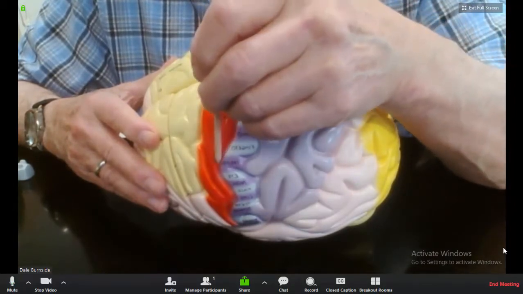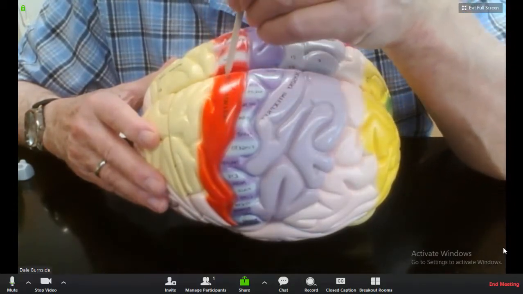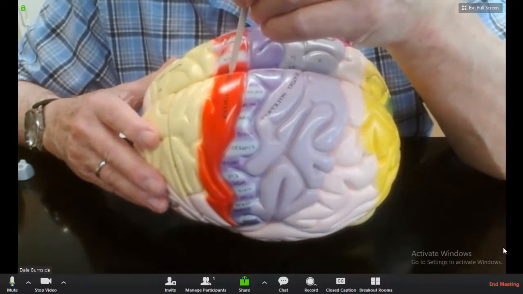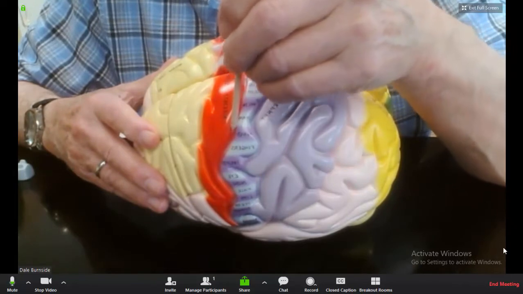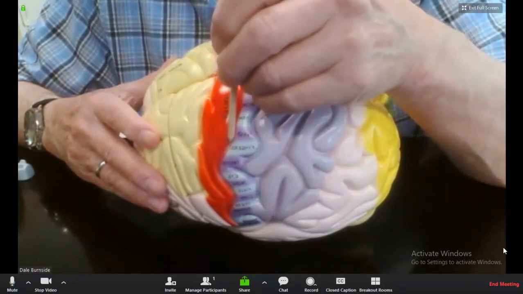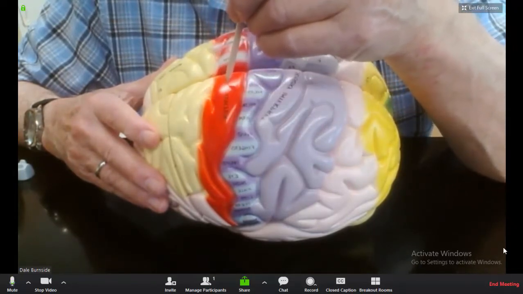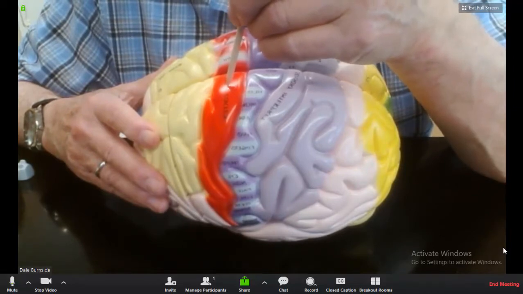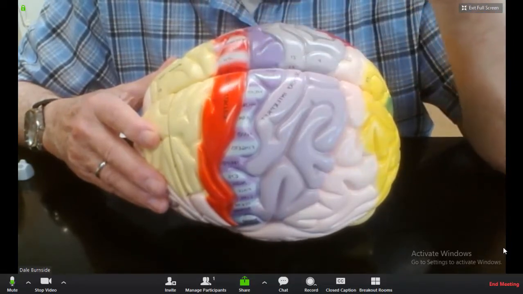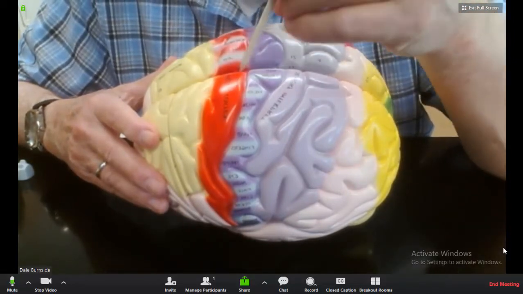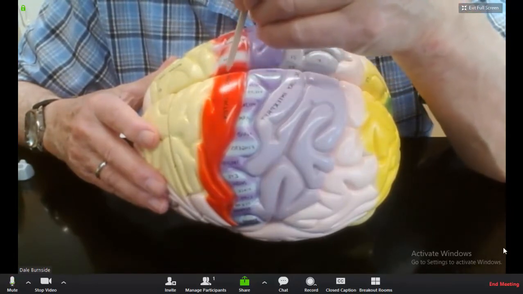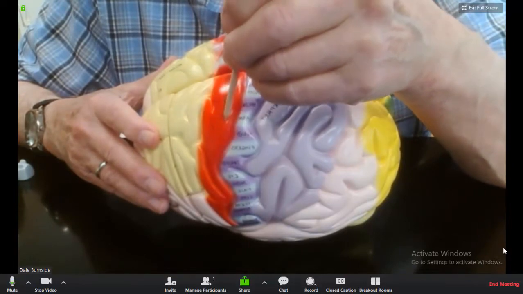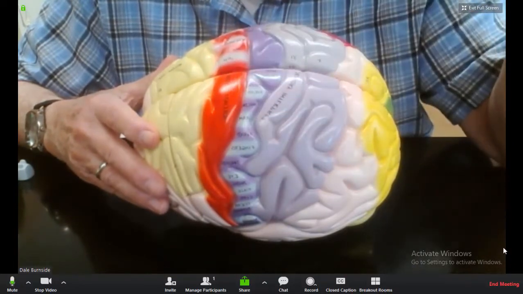Okay, and it's important because the cortex, which is the outer layer of the brain, in front of the central sulcus, is called the primary motor cortex. And it's very interesting about the primary motor cortex. They've mapped it. If you stimulate a certain region on it, that part will move.